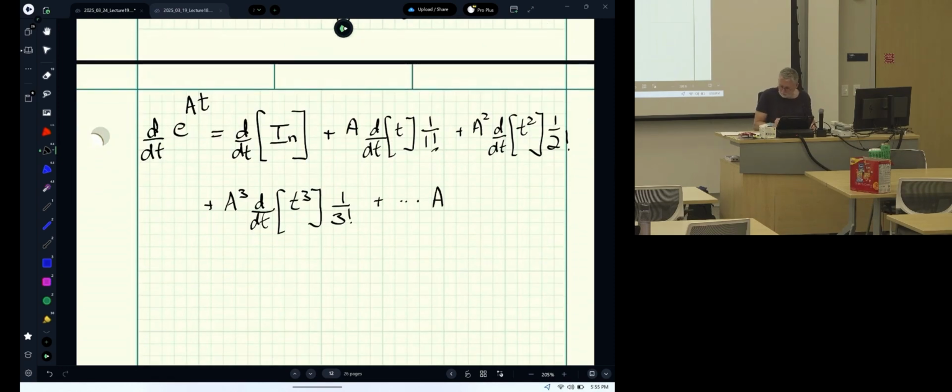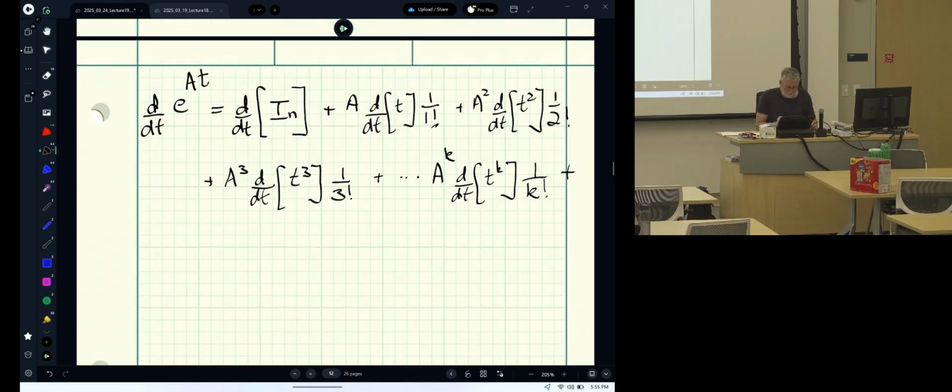So I'm just separating out all of the constants. Then I'm going to do this to A to the k, d by dt of t to the k. And for reasons we'll see in a minute, I'm going to do one more term.